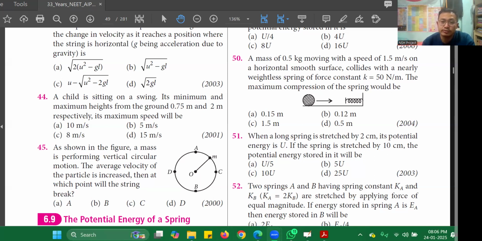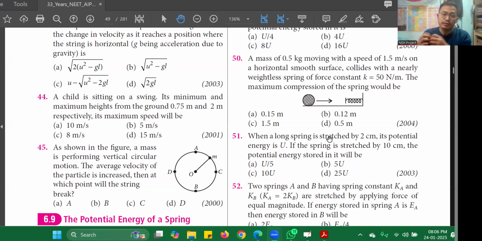Question number 50: the mass collides with the spring, and its kinetic energy, half mv squared, is converted into the potential energy of the spring.